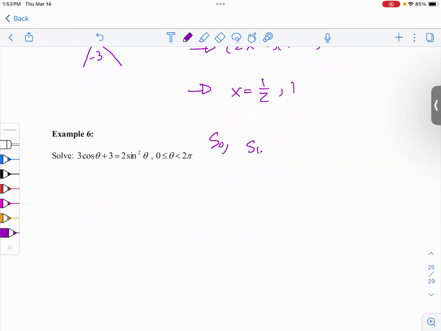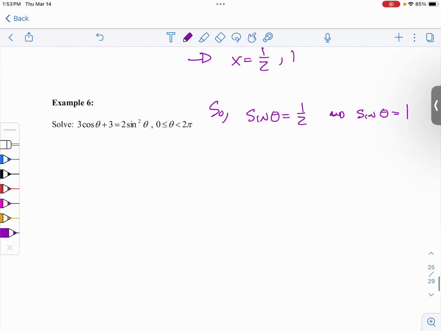So that means sine theta = 1/2, right? And sine theta = 1.